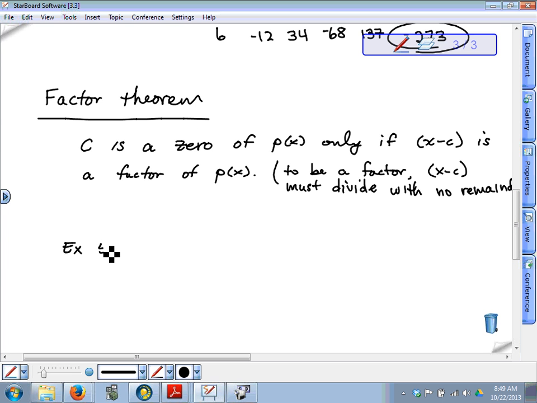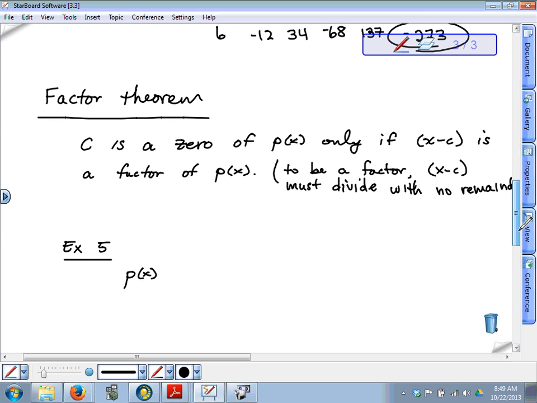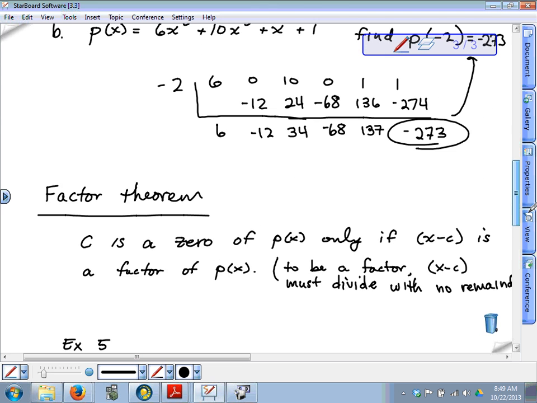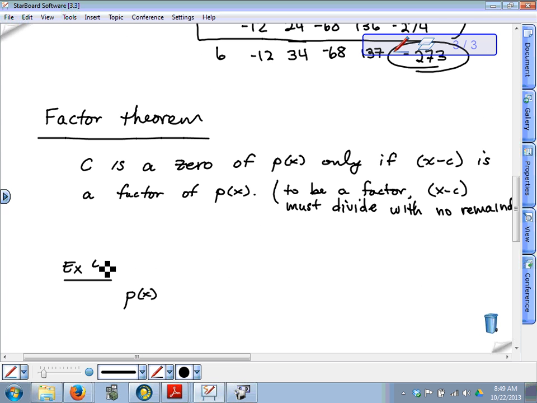Example 5. Which one is it? 4, 5, 10? Example 4.5. We'll go right in the middle. P of x equals x to the 3rd minus 7x plus 6.